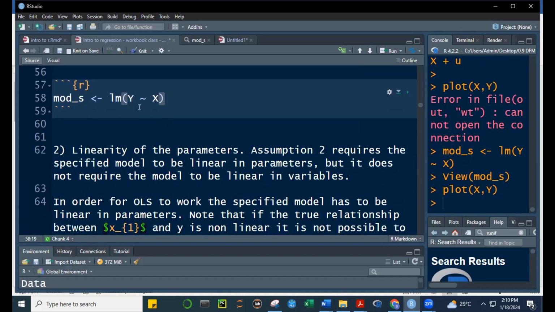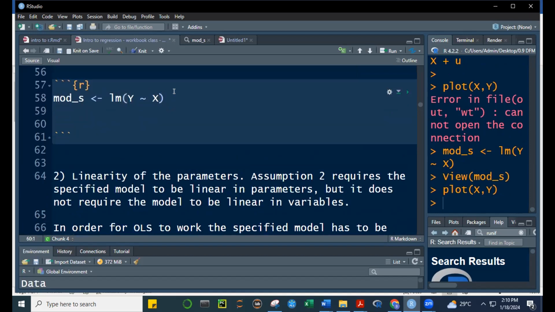I was regressing y on x. Unfortunately, ang problem nito, class, is that y is not linearly related with your x, diba? Tama, class?